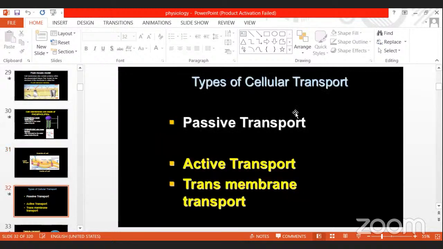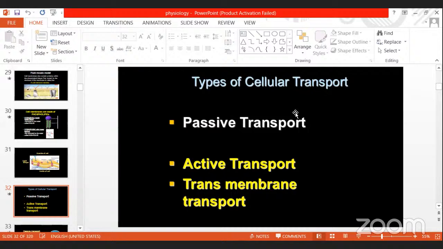And for the types of cellular transport, there are three major cellular transport mechanisms. They are passive transport, active transport, and transmembrane transport.